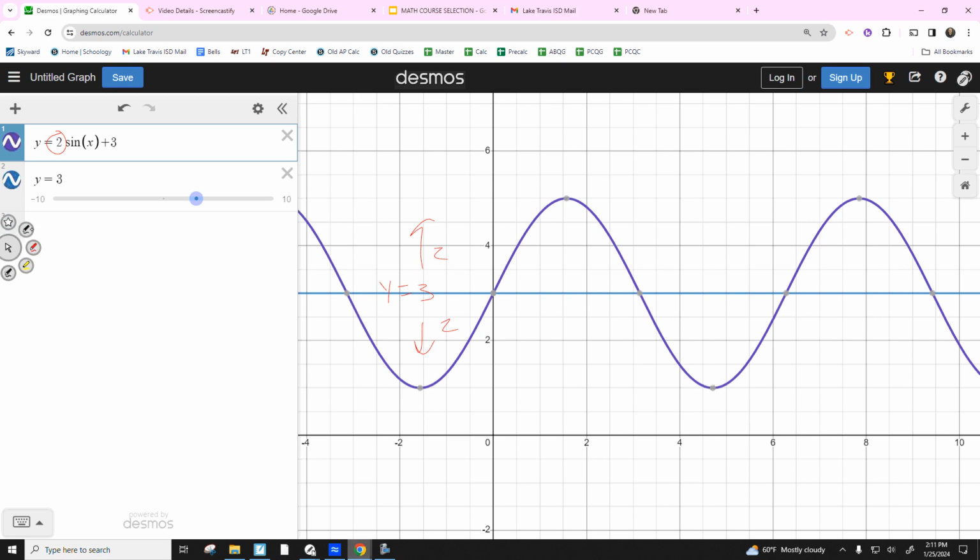If I put a 2 in front of this x, what will happen to the graph? Tell your neighbors. You should know this from your work with horizontal dilation. If I put a 2, what happens? It's not going to make it taller.